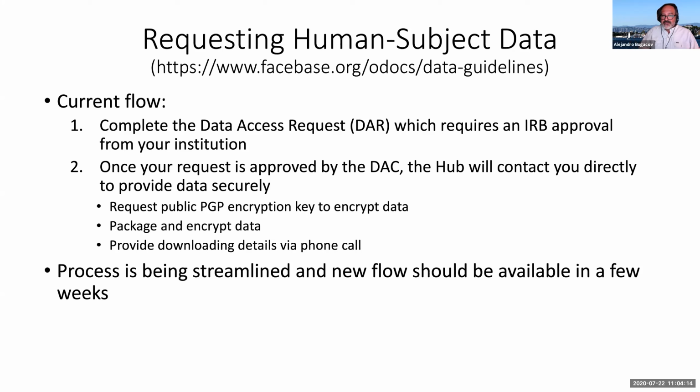Once that gets accepted by the DAC, the hub will contact you, and we go through the process of requesting your encryption key, so that we can encrypt and prepare the data, and give you the details on how to download it. That process is not exactly the way we would like it to be right now, but we're streamlining it, and I think in a couple of weeks we'll have a much more streamlined version. I think it's going to work much better.